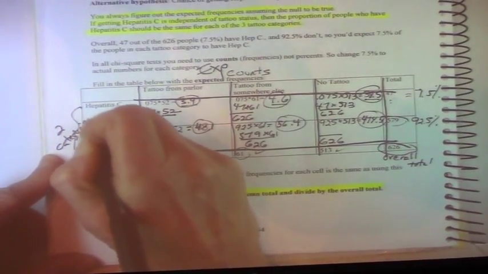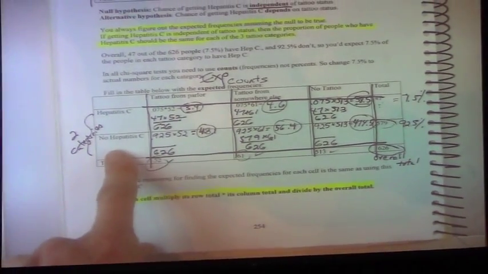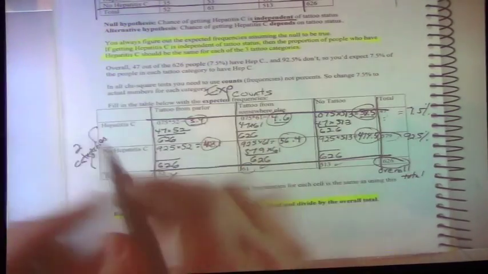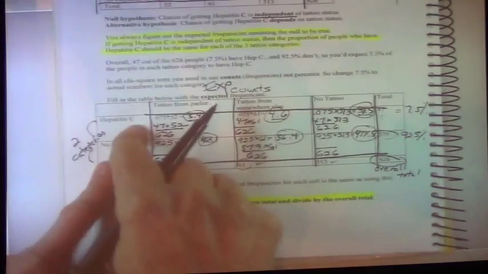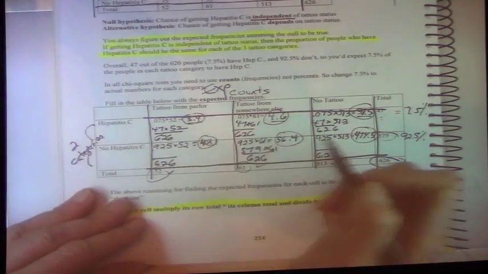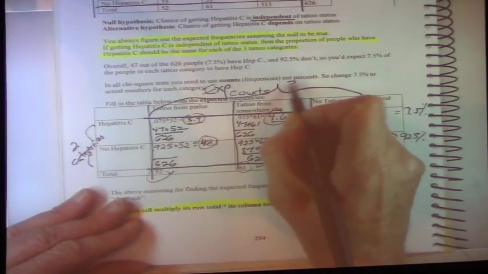Rows, see how many, there are 2 categories in this variable, which I guess we call rows. Don't worry which one you call rows or which one you call columns. It doesn't really matter. They're interchangeable. So we have 2 categories for this one. And how many categories do we have for our other variable, for tattoo status? 3. So this is the 3 categories.